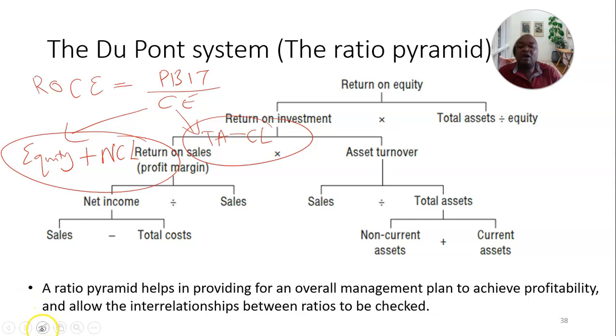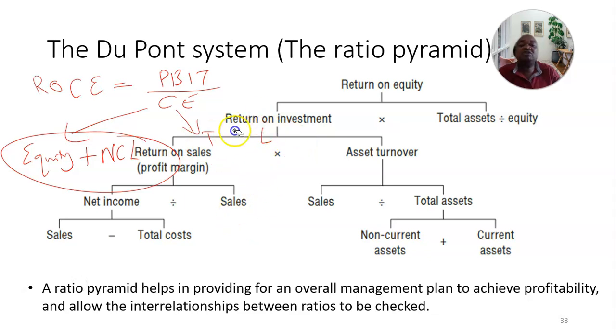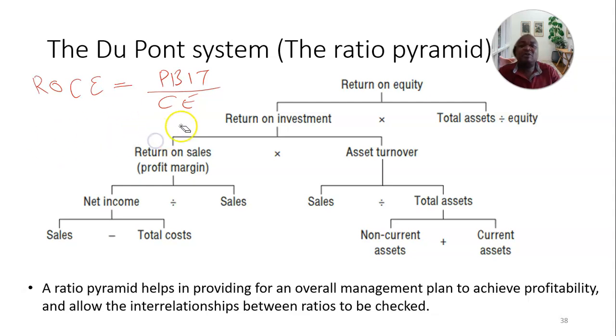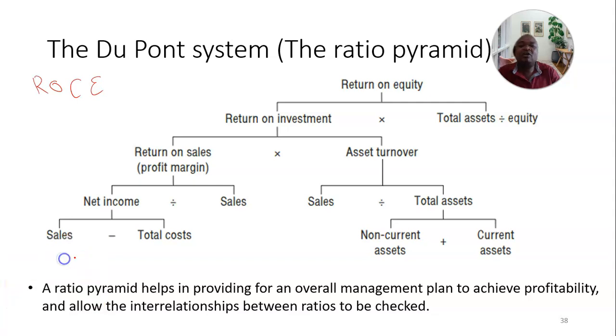However, I want you also to appreciate that this ratio is also sometimes called the return on investment. This is why I say that the examiner will tell you which figures to use. You will also be at a better advantage if you quickly understand that the return on capital employed can also be referred to as the return on investment.